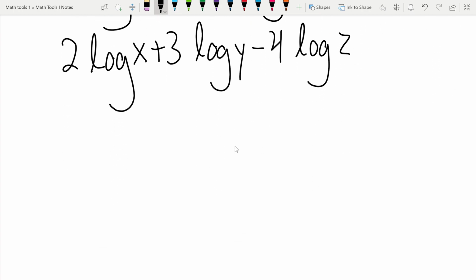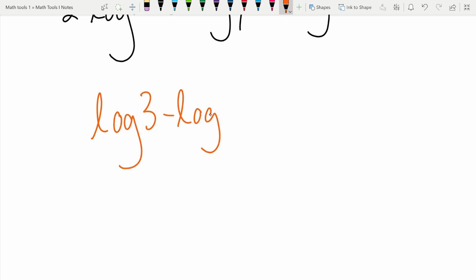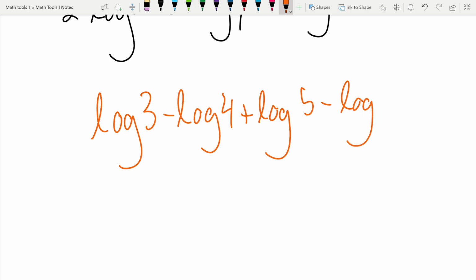Okay. So an example of that, maybe we have log of 3 minus log of 4 plus log of 5 minus log of 6. So we're stuck with all these logarithms, and we think, okay, well, maybe we could just condense these into one expression just to make things simpler. Okay, I'll take it in 2 steps here.